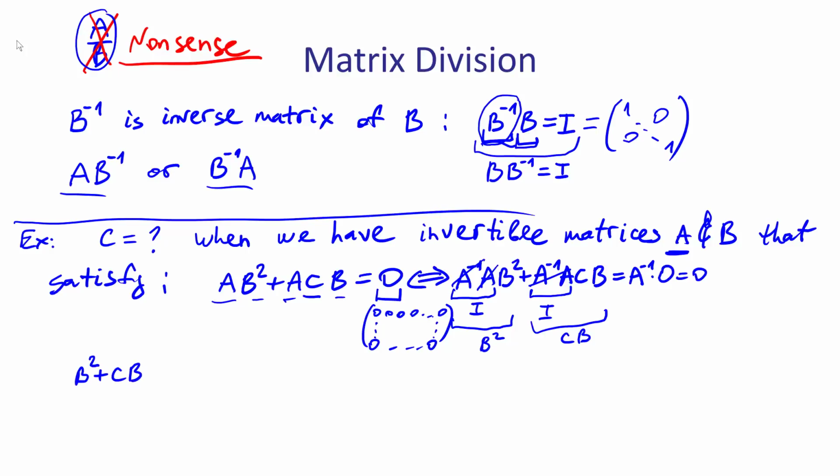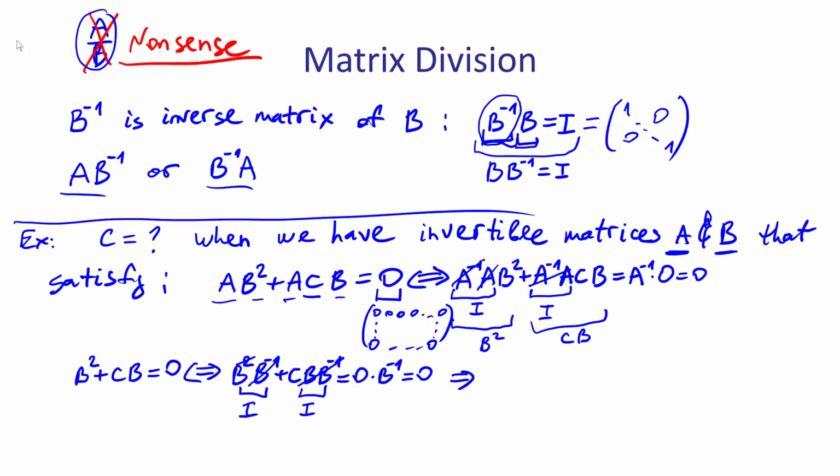plus CB equals 0. Now I want to multiply by B inverse because B is invertible. And this is what I will get. It will be B squared, B to the minus 1 from the right, plus CB, B minus 1 from the right, and 0 multiplied by B inverse from the right, which is again 0. But now this will cancel with this one, and those two will cancel because it will produce I here and I here.